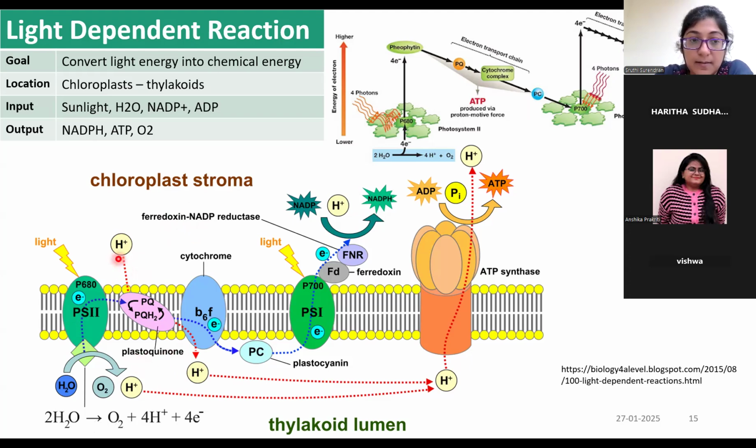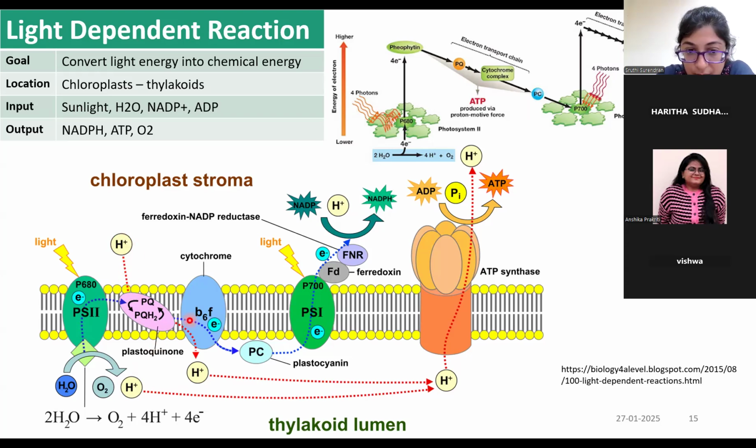So the protons in the stroma cannot come to this high concentration on their own, because the concentration of H plus ions is less in the stroma and more in the lumen. It needs some push to travel from here to here.